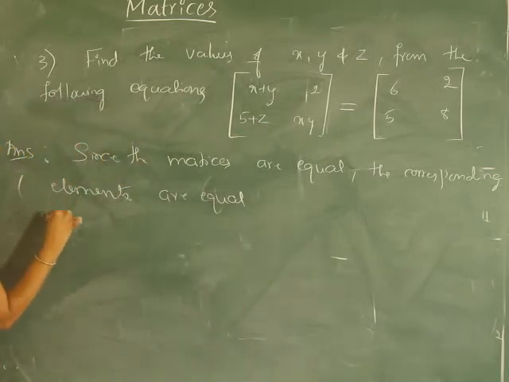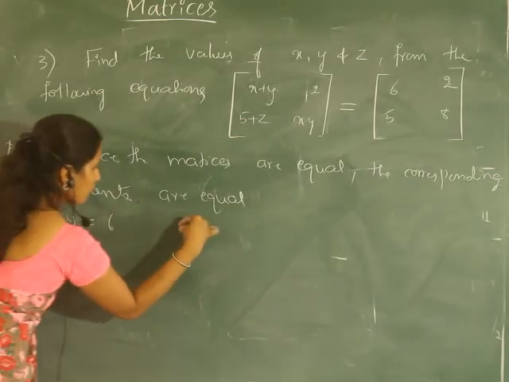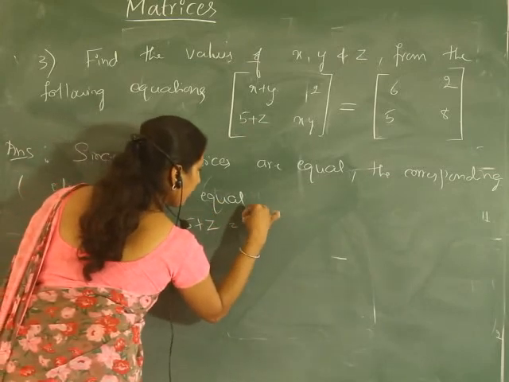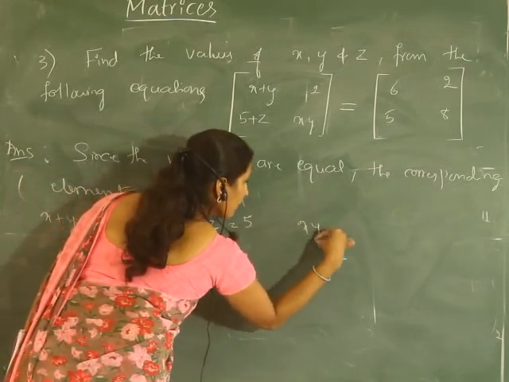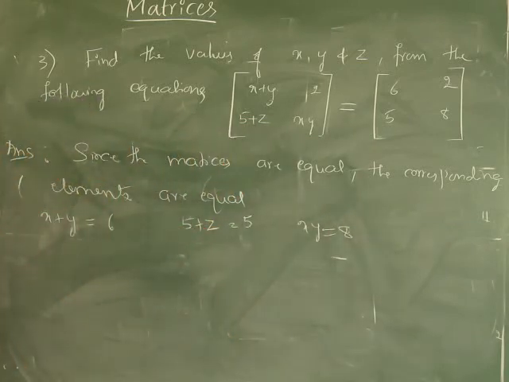So x plus y is equal to 6, 5 plus z is equal to 5, xy is equal to 8. So we'll solve this later.